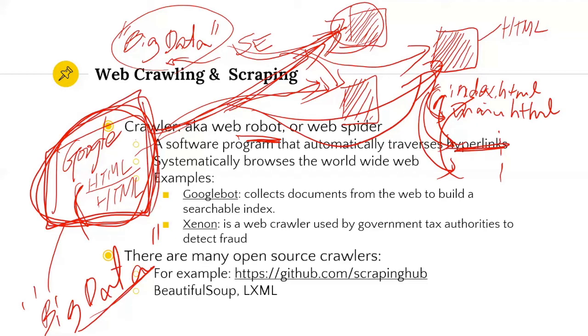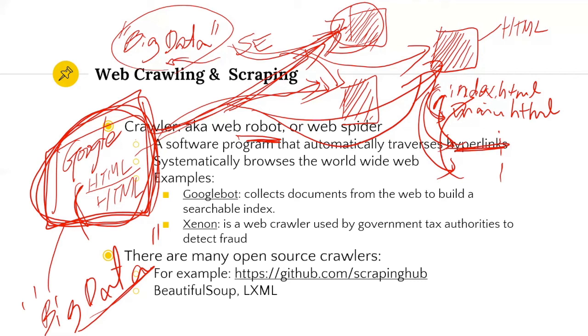So that's why Google uses a web crawler or a robot to make the search happen, okay? In fact, the way Google works has a lot of fun stories, but I guess I should avoid getting distracted too much.